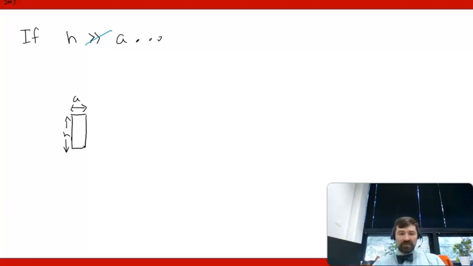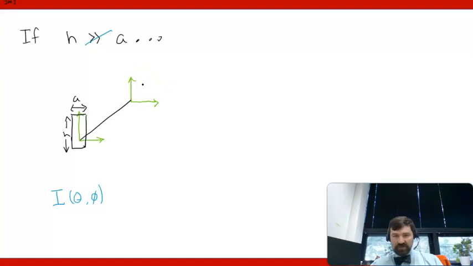And so instead of I of theta, you might have I of theta comma phi, where if I were to draw my two axes again, like so, I could define an angle phi to be along this vertical axis, whereas my angle theta would be along the horizontal axis only.